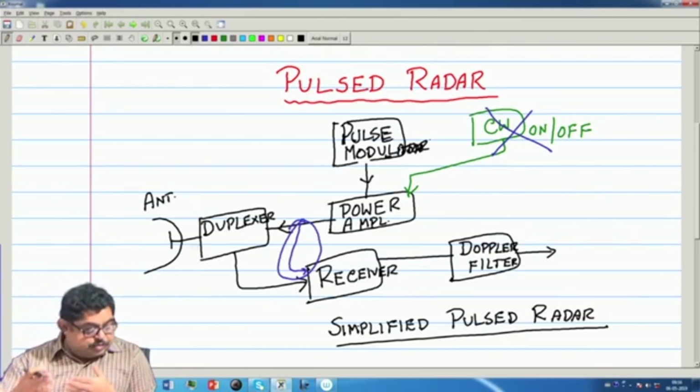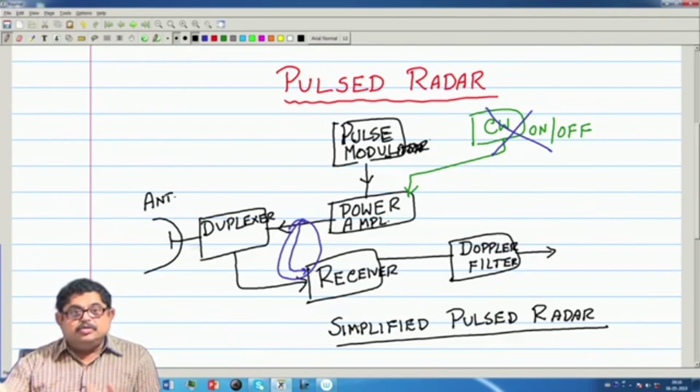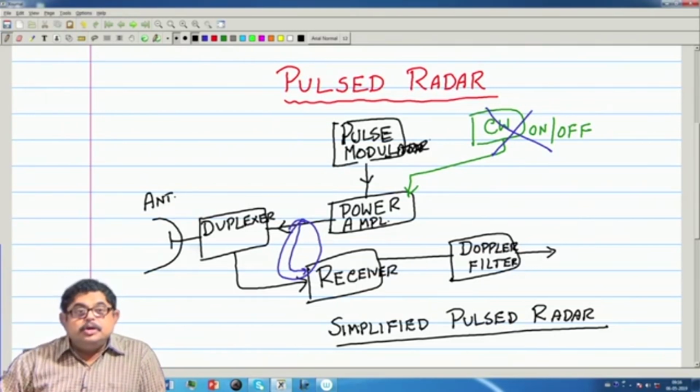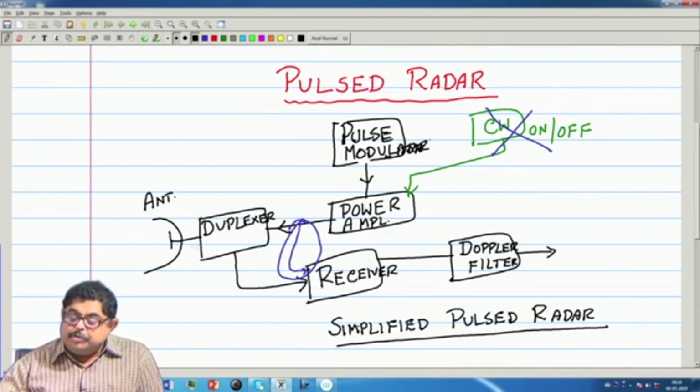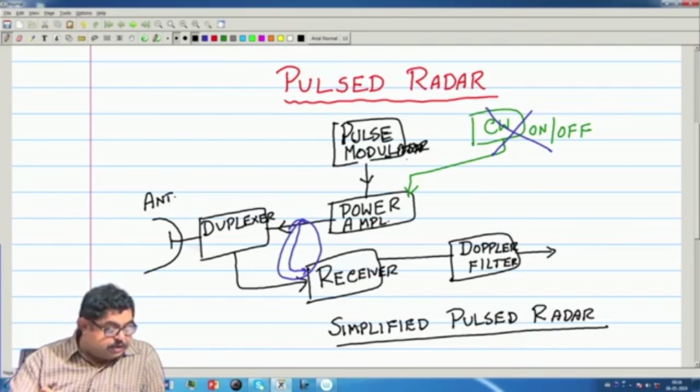So, the reference signal is lost to the receiver. So, receiver will not be able to make out what to do with the received signal, and it won't be able to extract the range, velocity, etc. So, that is the first part you should remember, that you require a high power, high frequency pulse modulator for this.